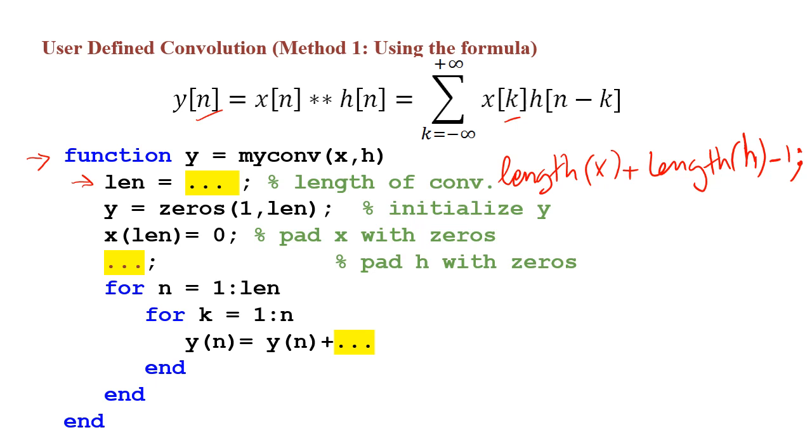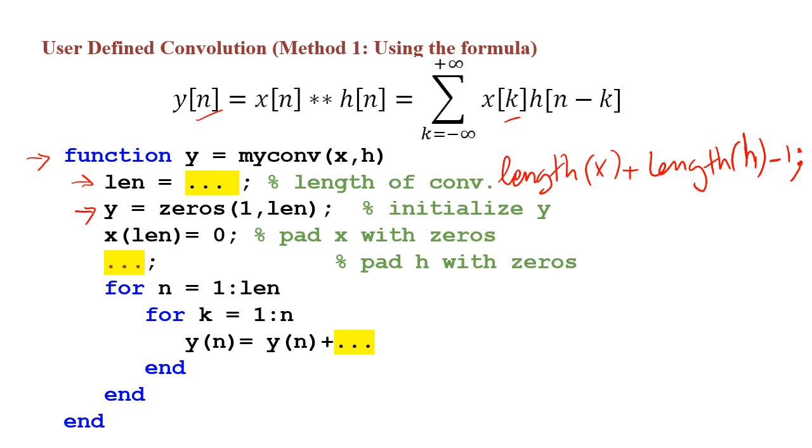In the second line of code in the function, we're initializing y, which is the output, by allocating space. We can already tell the size of y, and it is equal to len. So to initialize y, what we did here is actually creating an array of all zeros whose length is equal to len.